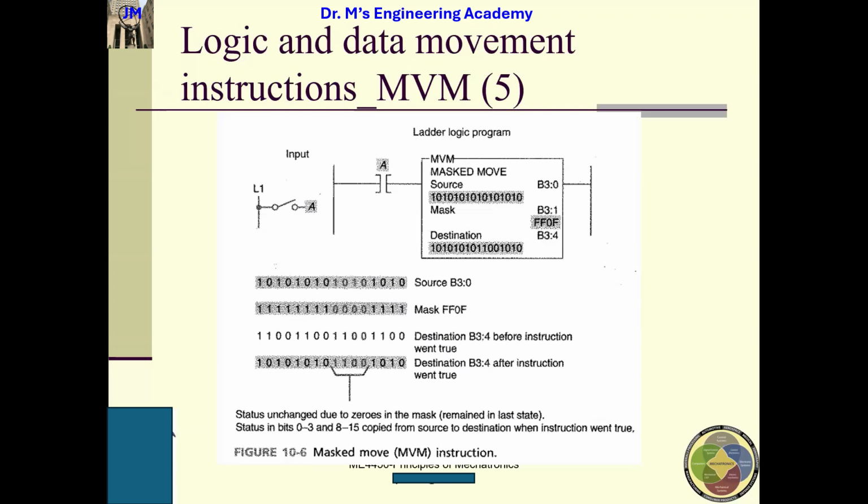The mask, if 0F, that means these 4 bits are 1, these 4 bits are 0, and these 8 bits are 1. Now I'm going to move. Whenever you see a mask, you must know which bits of this mask equal 1 and which bits equal 0.